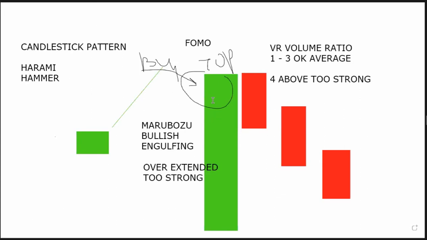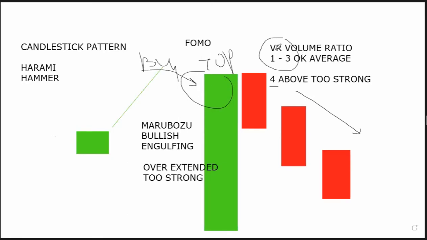But for us, when we see this kind of candle, we avoid. We won't enter first because we don't want to enter at the top. It's too strong, overextended. As we look at the volume ratio, the VR, more than 4, 4 above, that is too strong. Then the price has a high chance of dropping, of pulling back. So you want to chase this kind of thing?